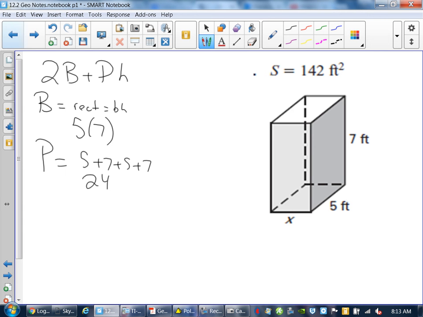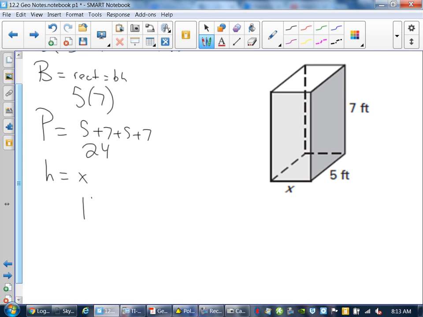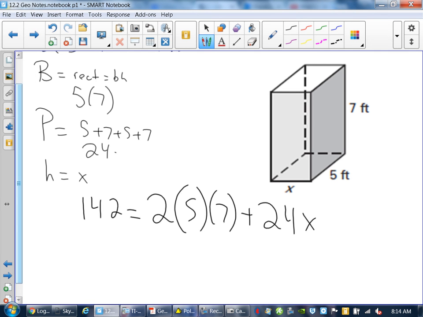Now, the only thing we don't know is how far apart they are. So we know that this has to equal 142. So you have your algebra: 142 equals 2 times 5 by 7, plus perimeter times how far apart they are. And it turns into a very, very fast two-step equation.